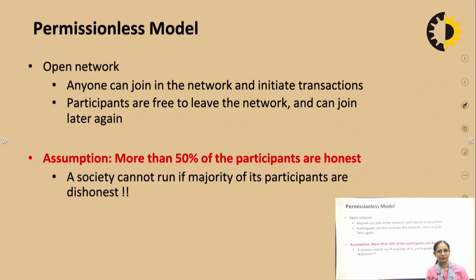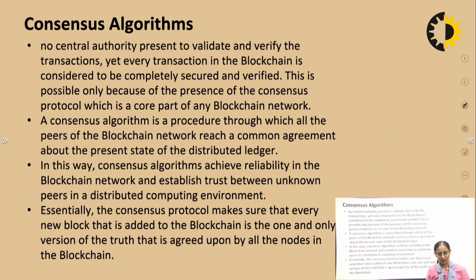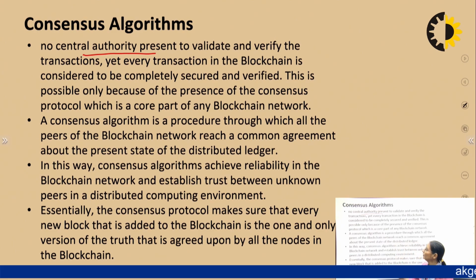Now the question comes, what is a consensus algorithm? We are aware that in the blockchain, we do not have any central authority which can validate or verify the transactions.